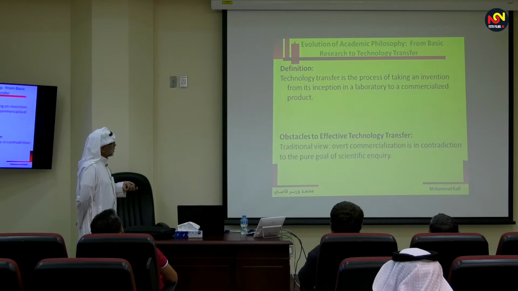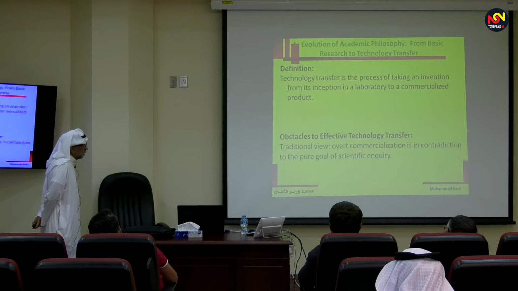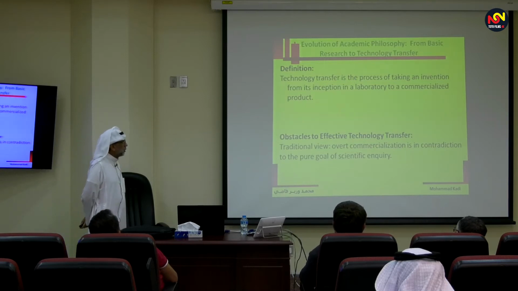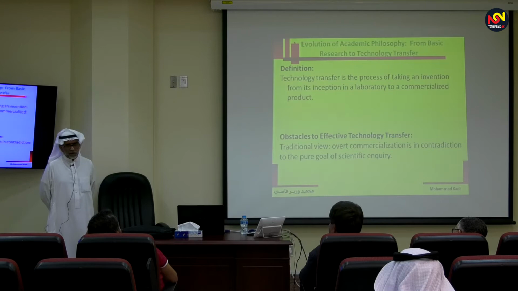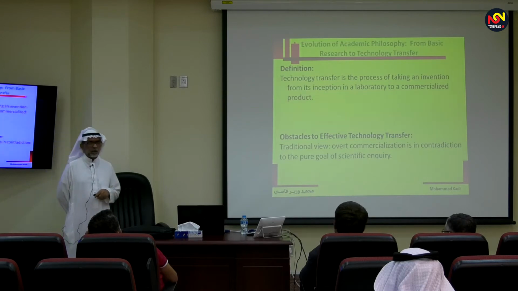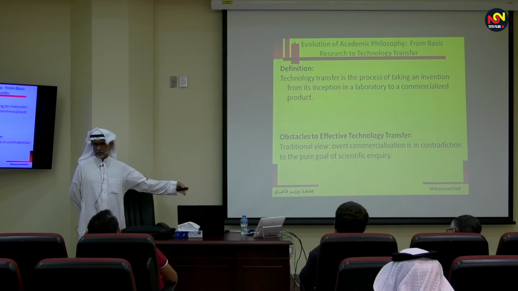So the obstacle to effective technology transfer is that in the traditional view, overt commercialization is in contradiction to the pure goal of scientific inquiry. This is what puts a lot of restraints on universities to completely transfer to a commercial entity.